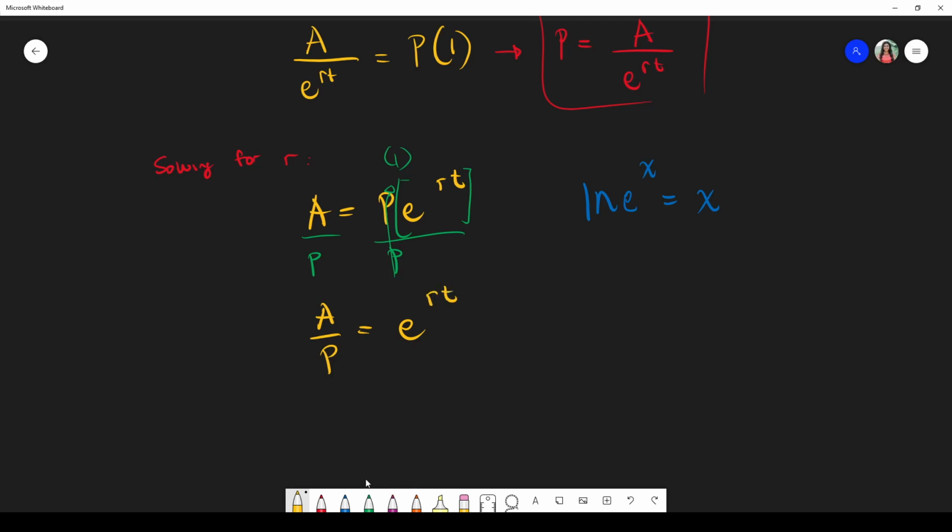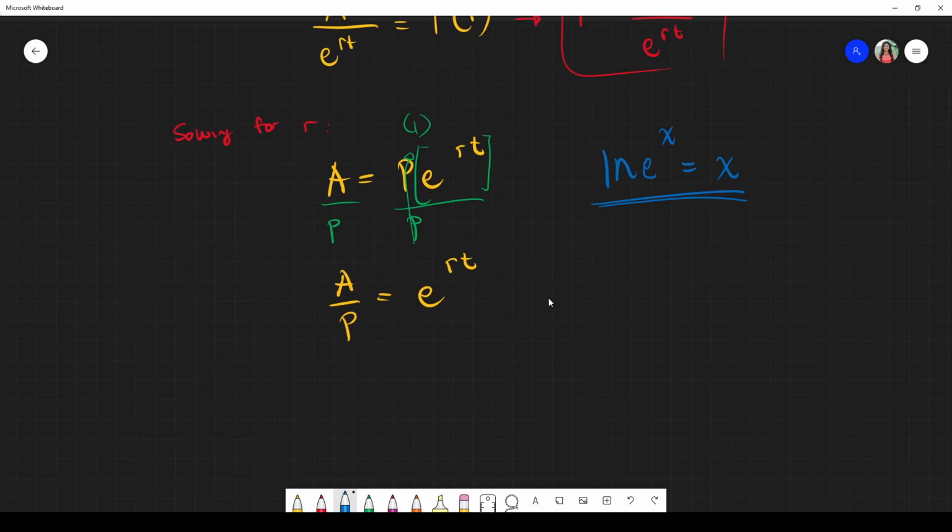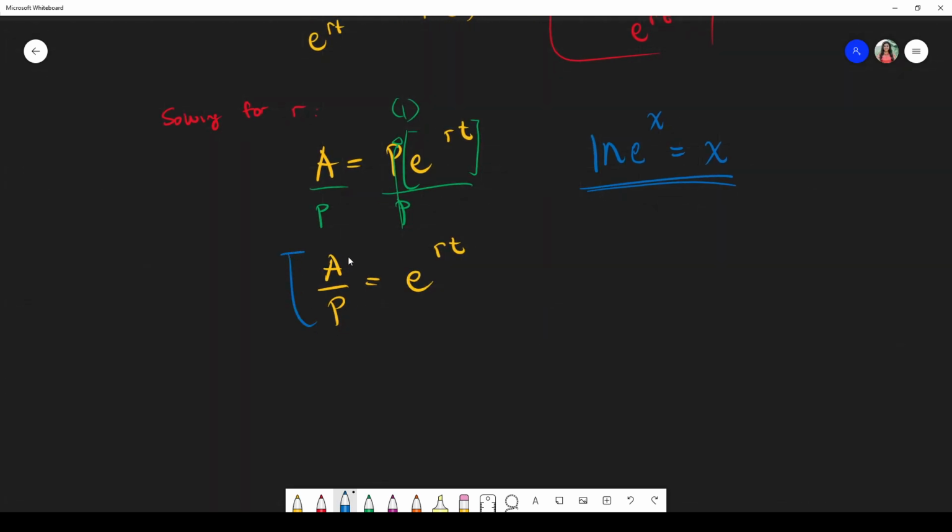Now our next step, we have to use this identity. We have to extract the natural logarithm of both sides. So we could apply this identity here, that the natural logarithm of the Euler's constant raised to an exponent is simply its exponent.